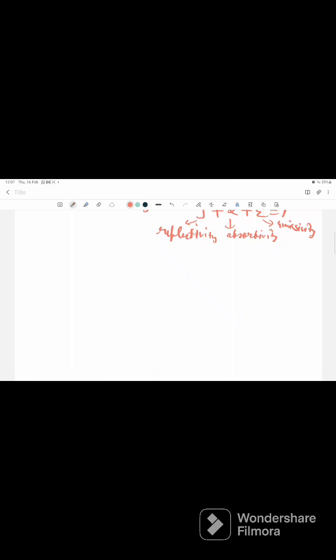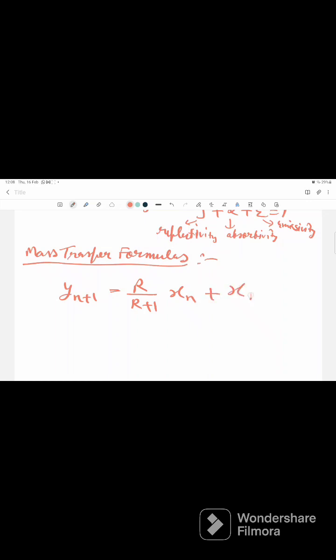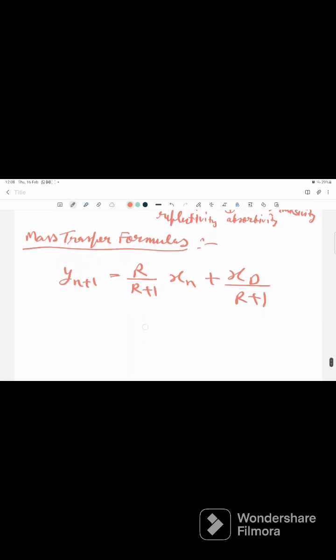Now we discuss the mass transfer formulas. Yn plus 1 is R by R plus 1 xn plus xD upon R plus 1.